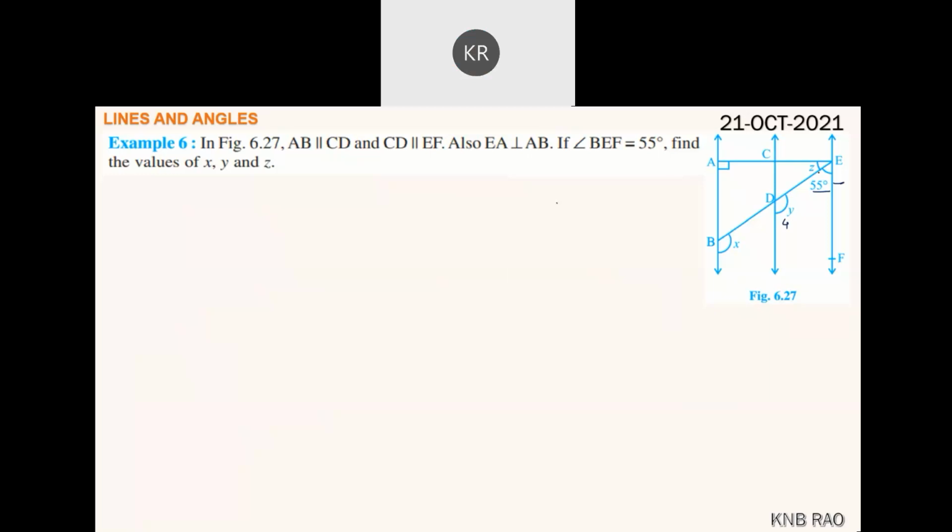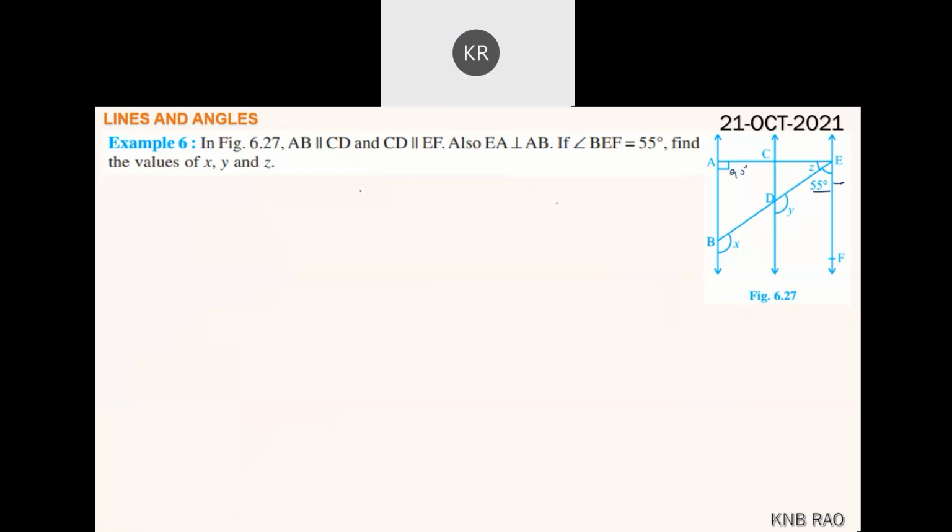Sir, I am telling about z, not y. So x and y is 135. They gave this is 55, and automatically this AE is perpendicular to EF also.